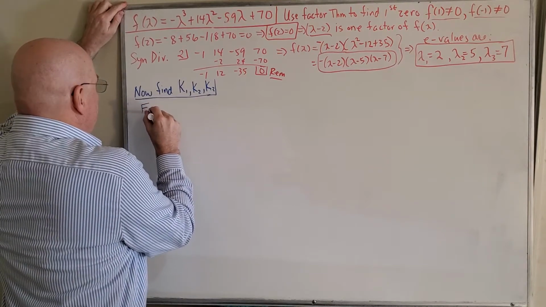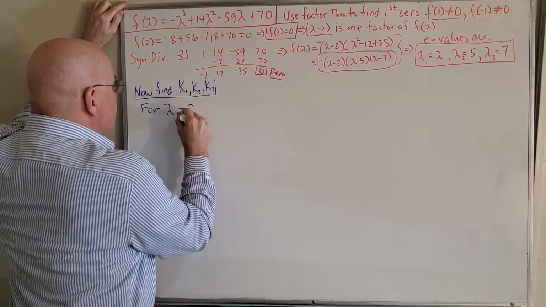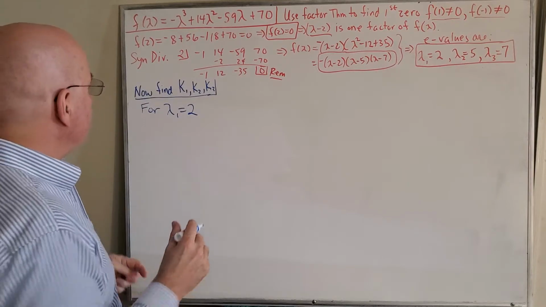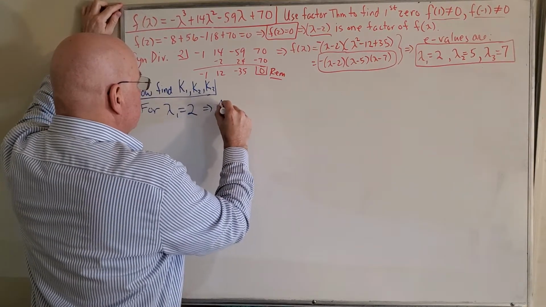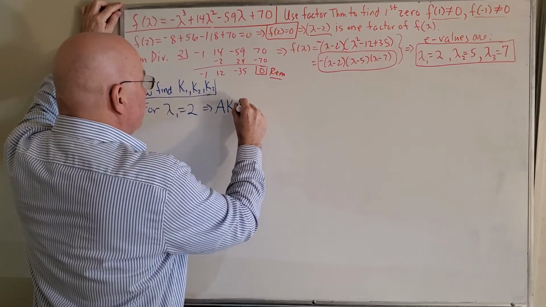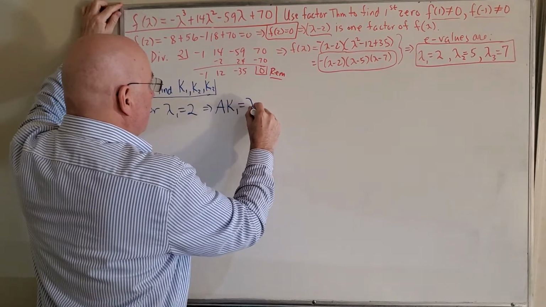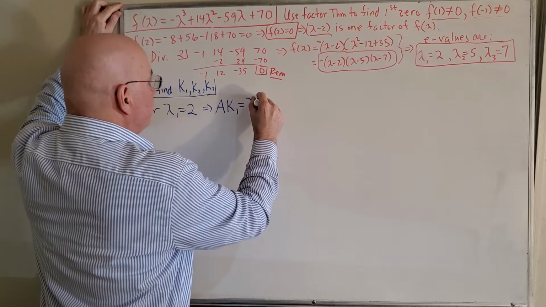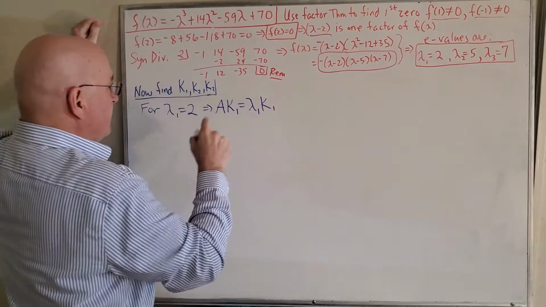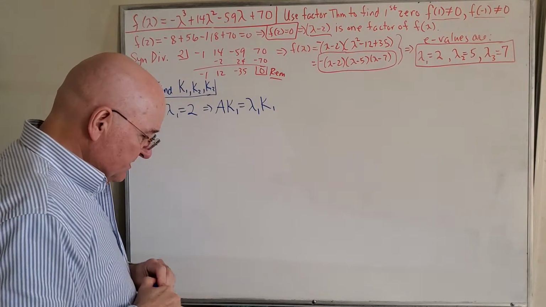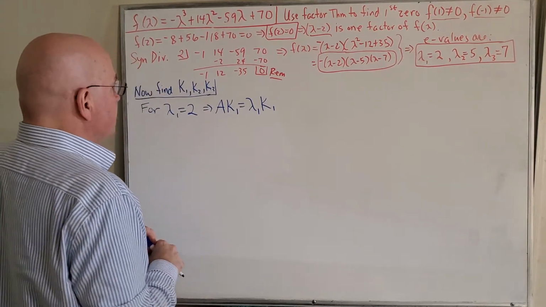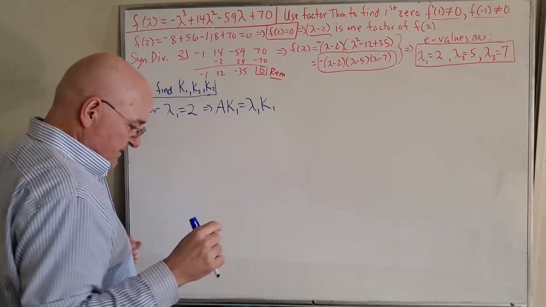For lambda 1 equals 2, we're going to get the equation A k1 equals lambda 1 k1. So that's the equation we're going to use to find out what k is.